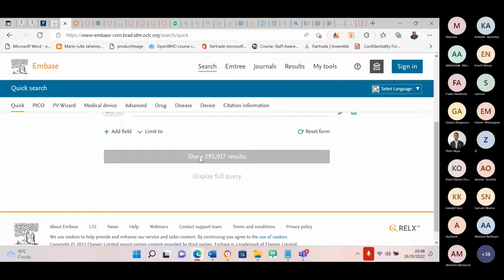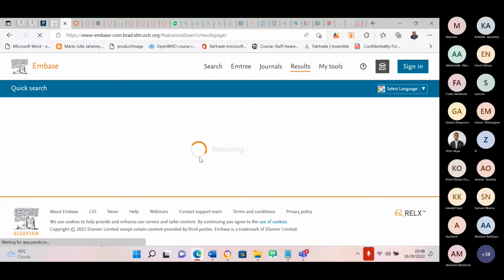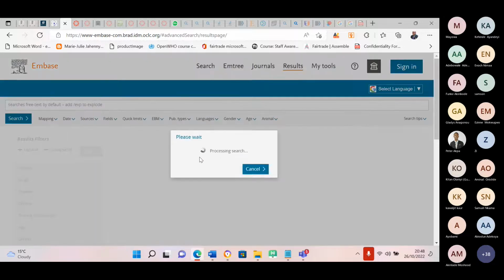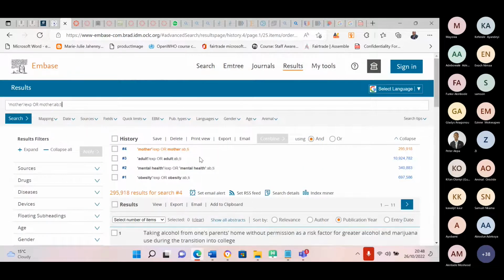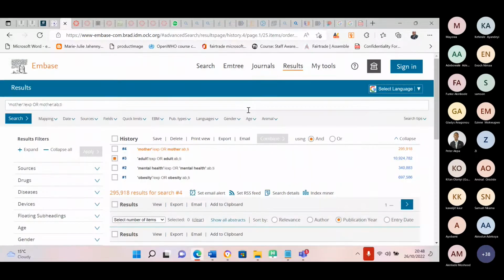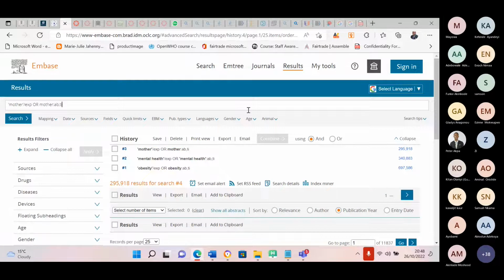So here I have lower results. All right, so I'm using all to expand my search. Okay, so now I have adults. Let me just delete this one. Okay, so good. Now these are the three concepts.